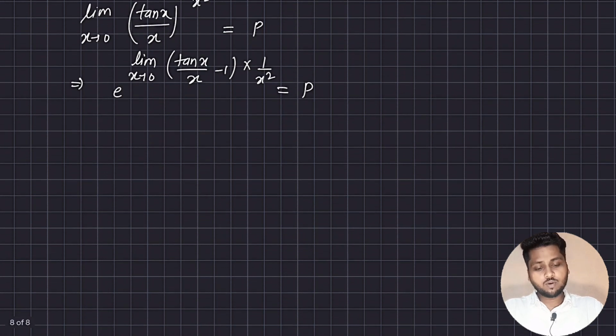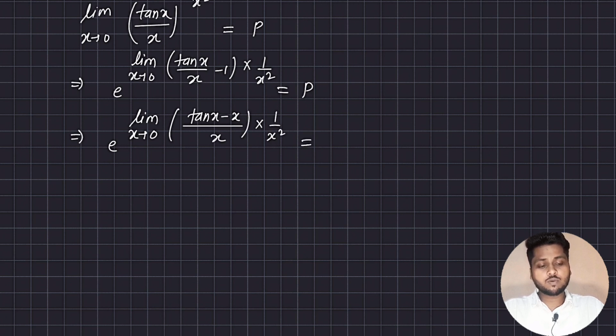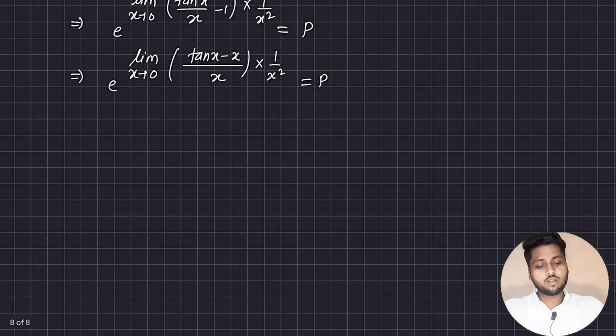Understanding? Now I will take the LCM: e power limit x tending to 0 of (tan x minus x) divided by x, into 1 upon x square, is equal to p.